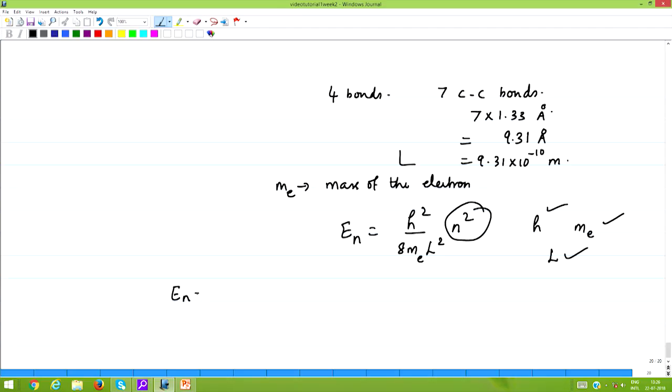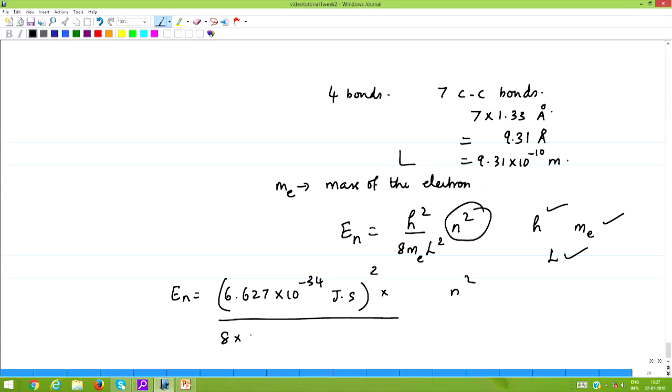So, if you write the E_n, h square is 6.627 into 10 raised to minus 34 joule second whole square, into n square, divided by 8 into 9.109 into 10 raised to minus 31 kilograms for the mass of the electron, and then multiplied by 9.31 into 10 raised to minus 10 meter square.